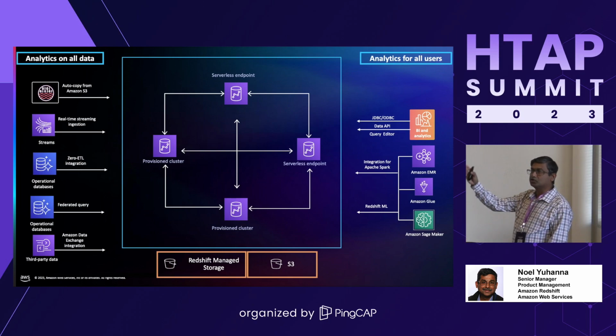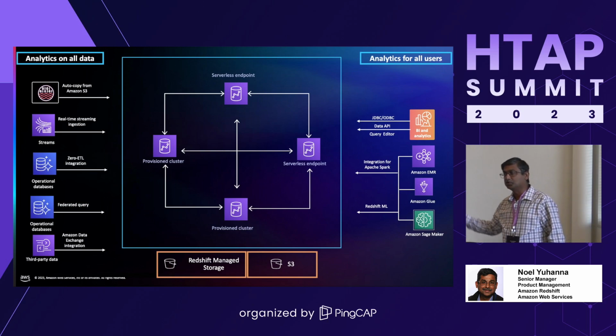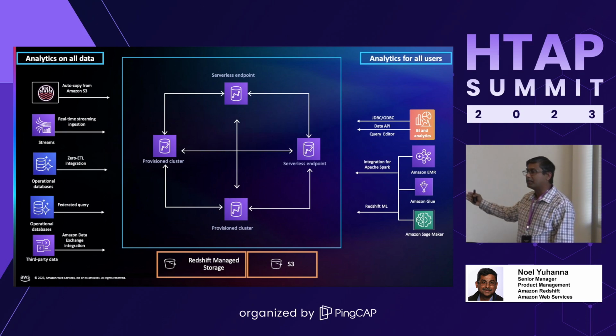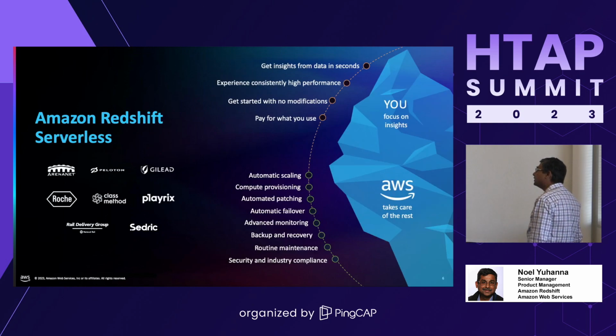On the left, you see how you can bring different data into Redshift, and on the right, you see all the different tools and technologies you can use to make sense of your data. You can use your existing tools like Tableau or Power BI, but also, for example, Spark applications to read and write data from Redshift. We'll go a little bit more on that.